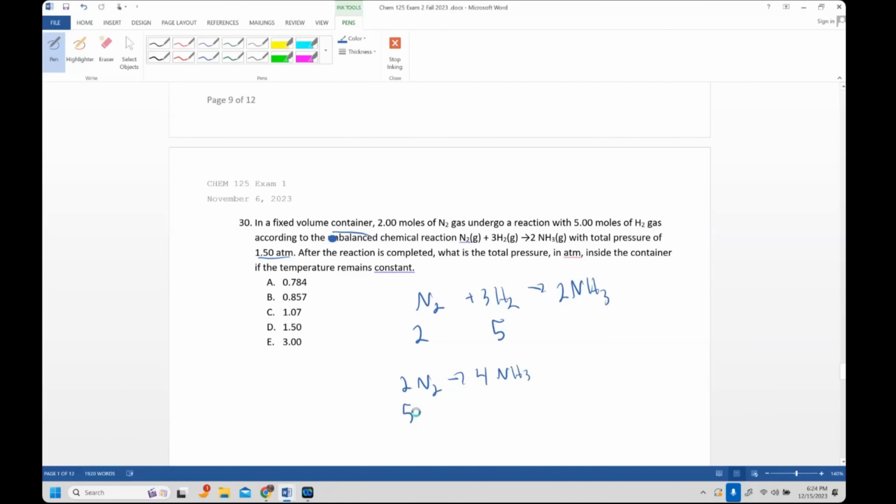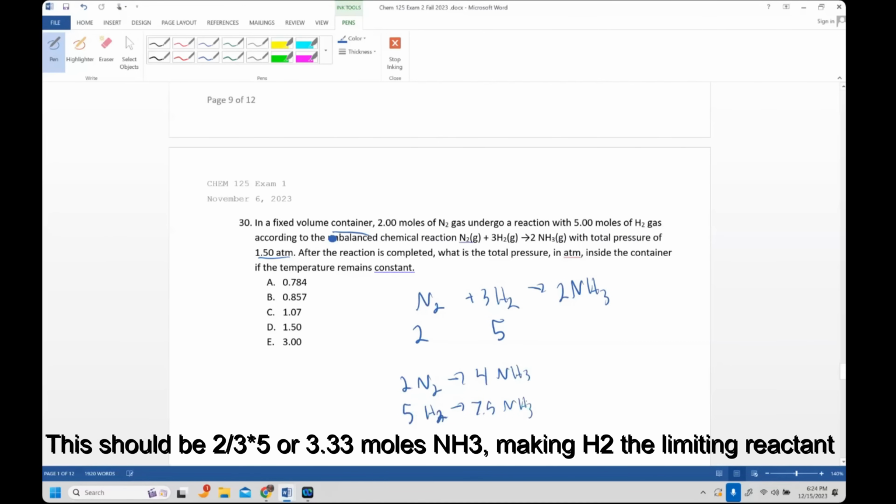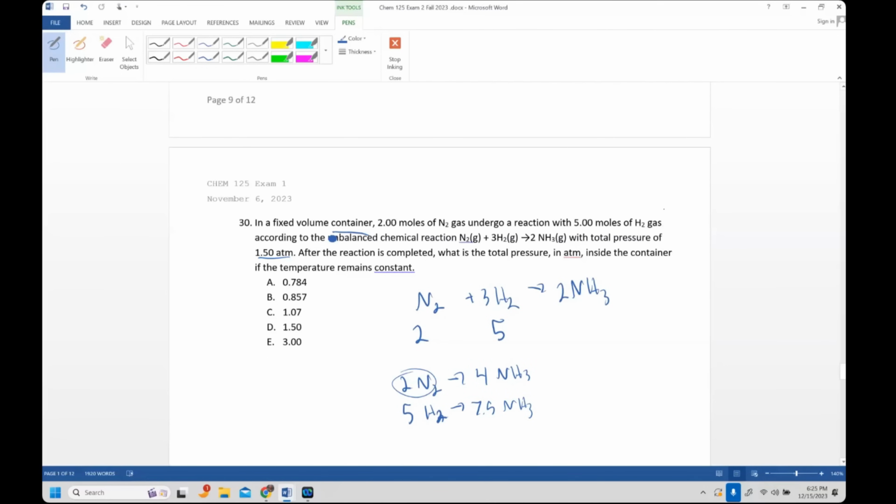Then our 5 moles of H2, since it's a 3-to-2, would create 3 divided by 2 times 5. It'll create 7.5 of NH3. So our limiting reactant is the one that will create the least. So that's this one. So we know that the total pressure to start out with is 1.5 atm.